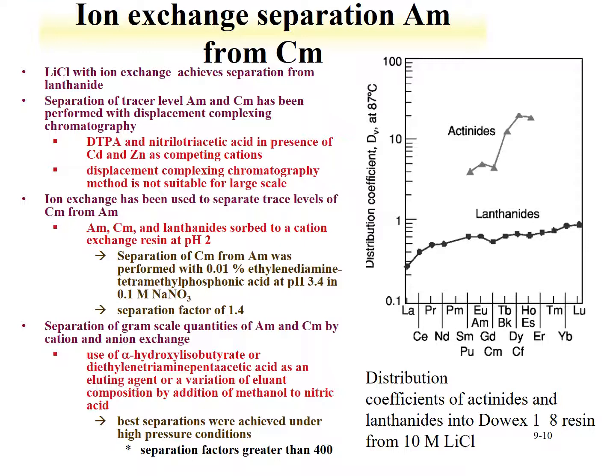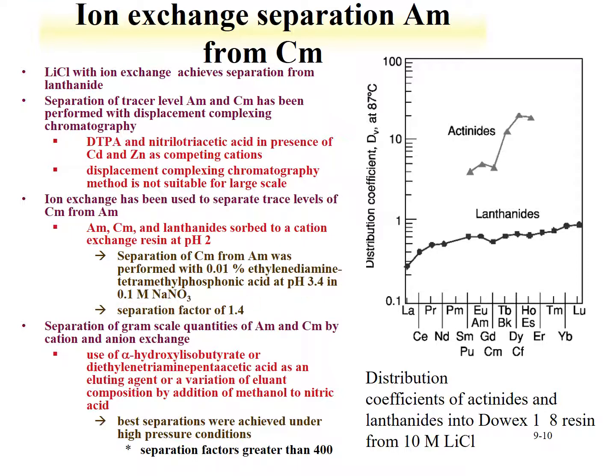Another route for separating americium, curium, and lanthanides is to sorb the material to a cation exchange resin at pH 2. And separation of curium from americium was achieved by using a relatively weak phosphonic acid solution, this ethylenediamine tetramethylphosphonic acid, at pH 3.4 in 0.1 molar sodium nitrate.